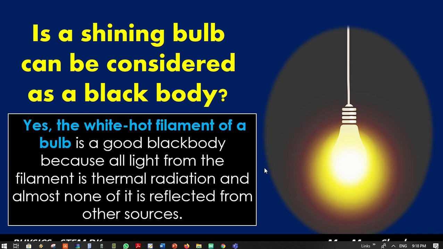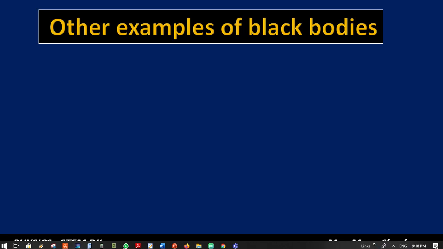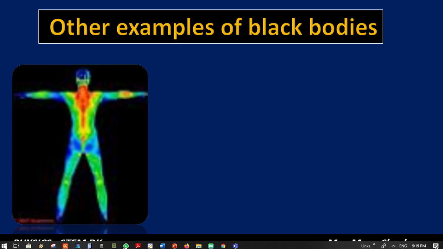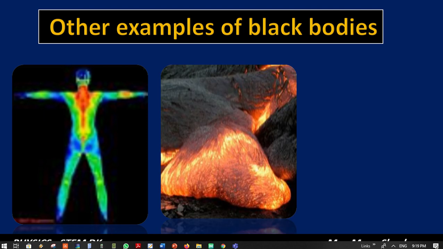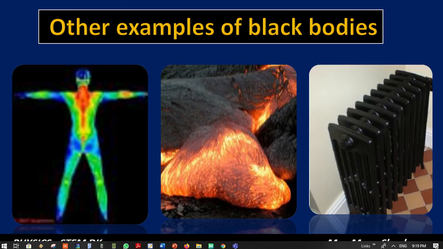It radiates all this thermal energy, not absorbing it or reflecting it from other sources. Other examples of black bodies: the human body, which emits radiation in the infrared region that is not visible, and magma, and any hot objects that have a temperature.